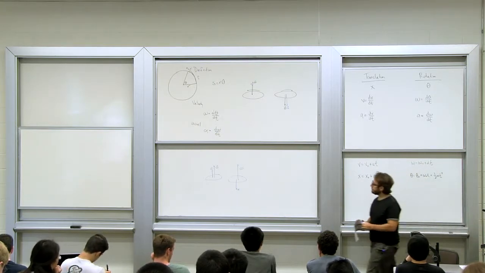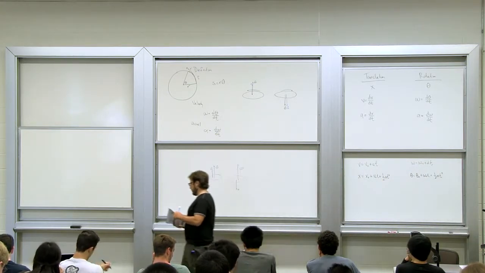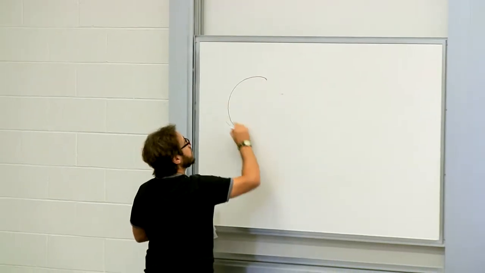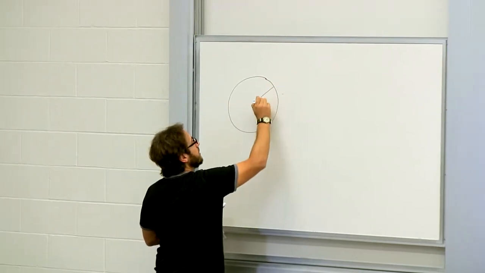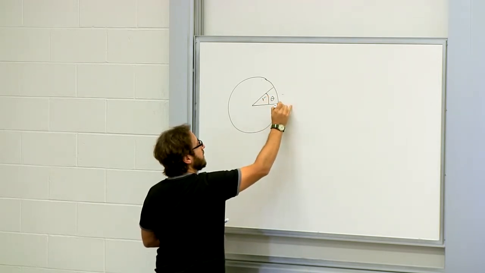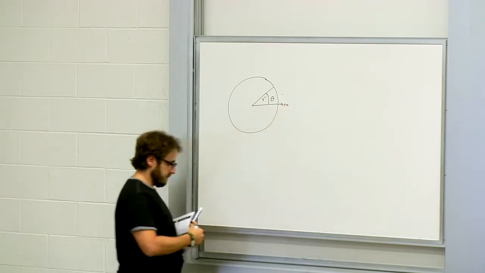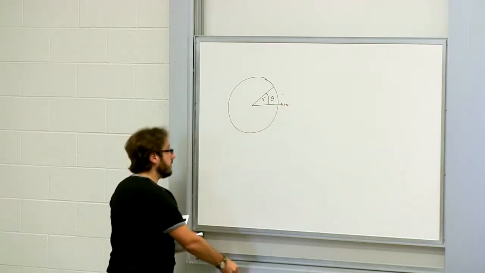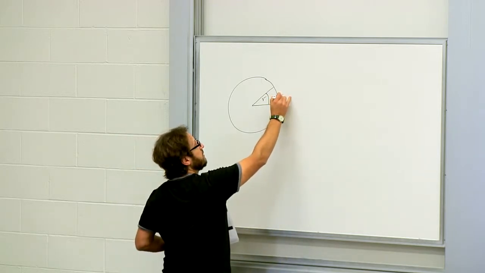Okay, so here we're moving in a circle. And we have our circle. We have a radius r, some angle theta, always from the positive x-axis. Okay, and this quantity here is s.